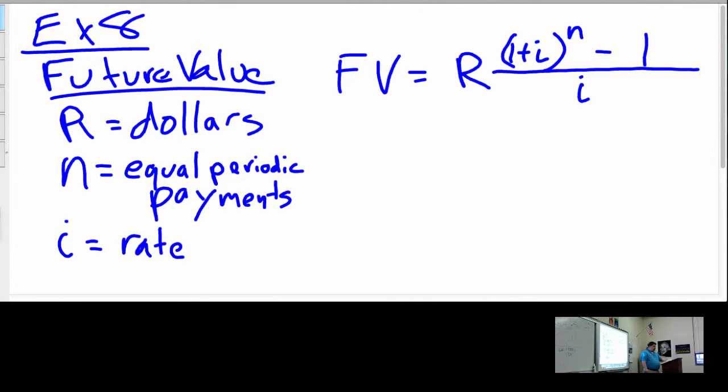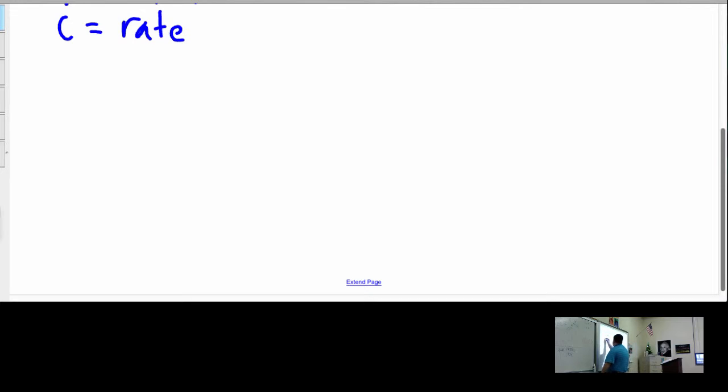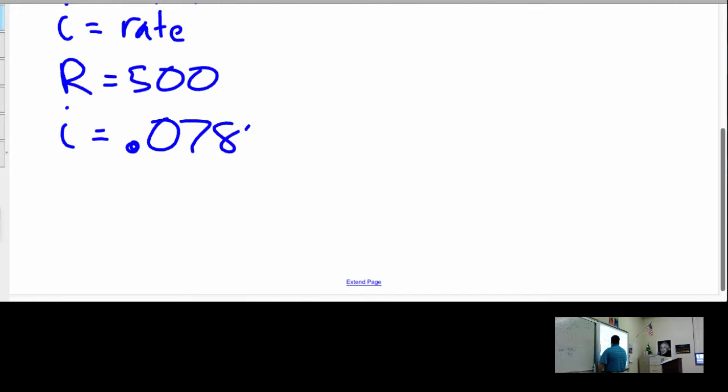So let me read the example. It says, at the end of each quarter, Emily makes a $500 payment into a mutual fund. If her investment earns 7.88%, that would be I in this case, which is a little different. She pays $500 and she has an interest rate of 7.88, which would be 0.0788 as a decimal.